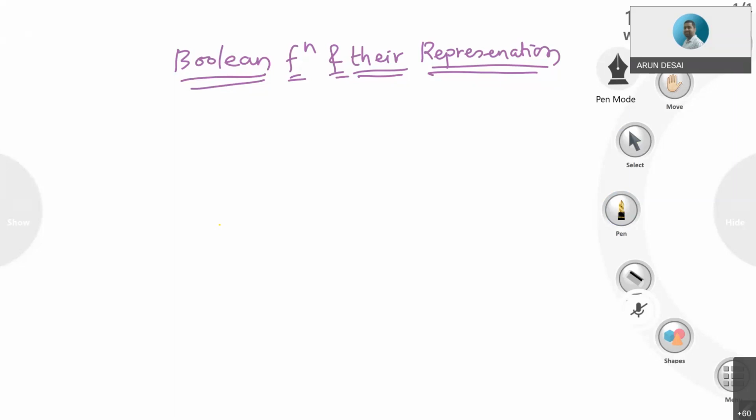Boolean functions and their representation, right? So there are certain expressions available. We have Boolean variables available, then have expressions available there. There are certain ways to represent those Boolean functions.